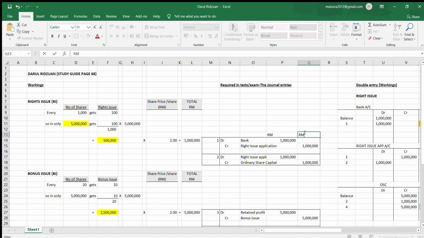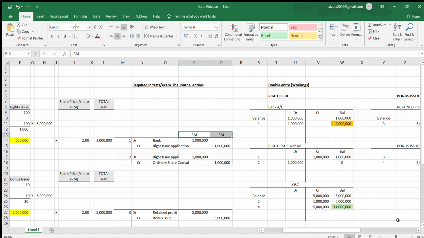Now the next entry would be to close up the right issue application account, by debiting the right issue application account and crediting ordinary share capital. And simultaneously, you can open up the accounts by debiting the bank. Now your bank balance has increased by 1 million, and you will get a balance of 2 million here.